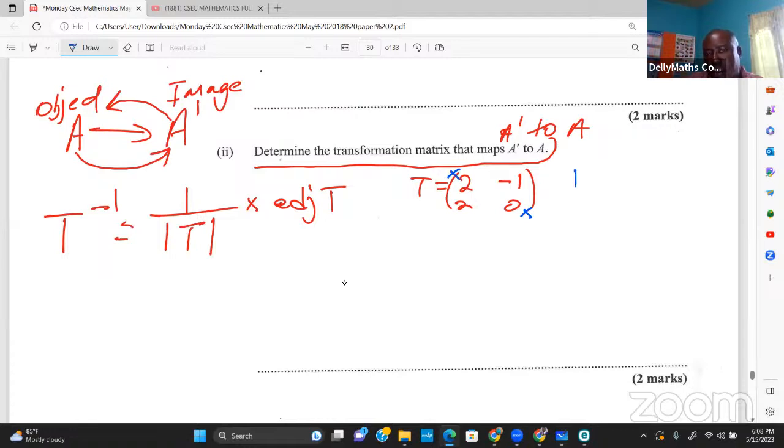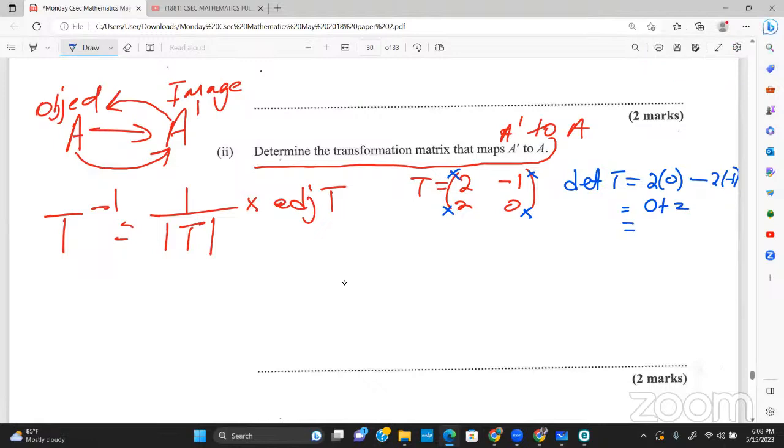So let's find the determinant of T right here. It's gonna be 2 times 0, minus this other diagonal, which is 2 times -1. So what we're looking at here is 0 plus 2, which is 2.